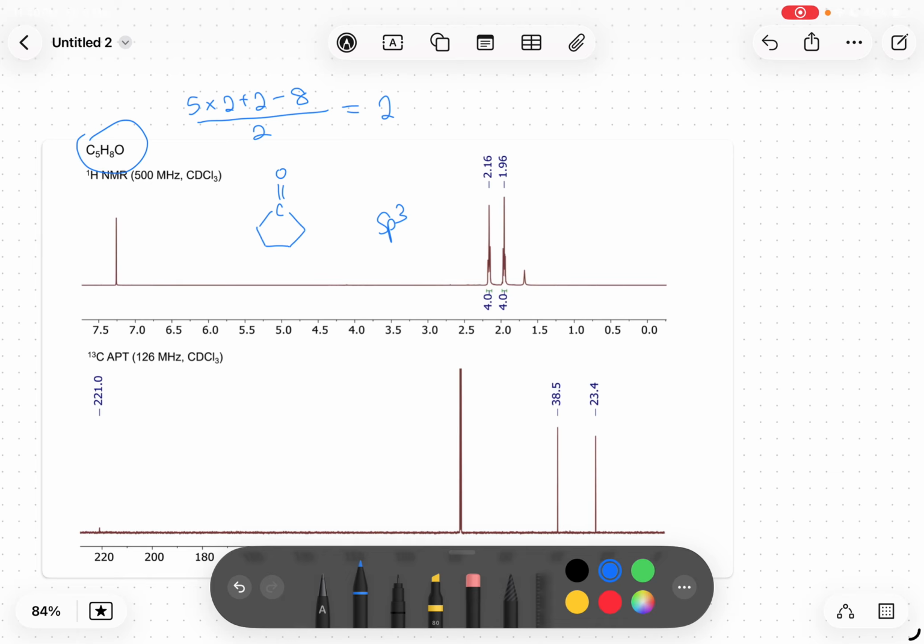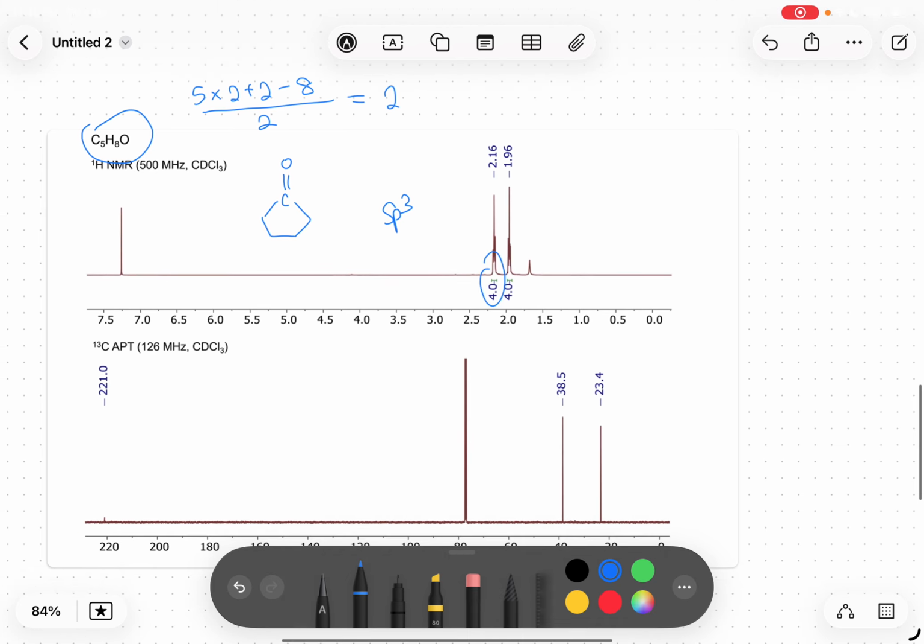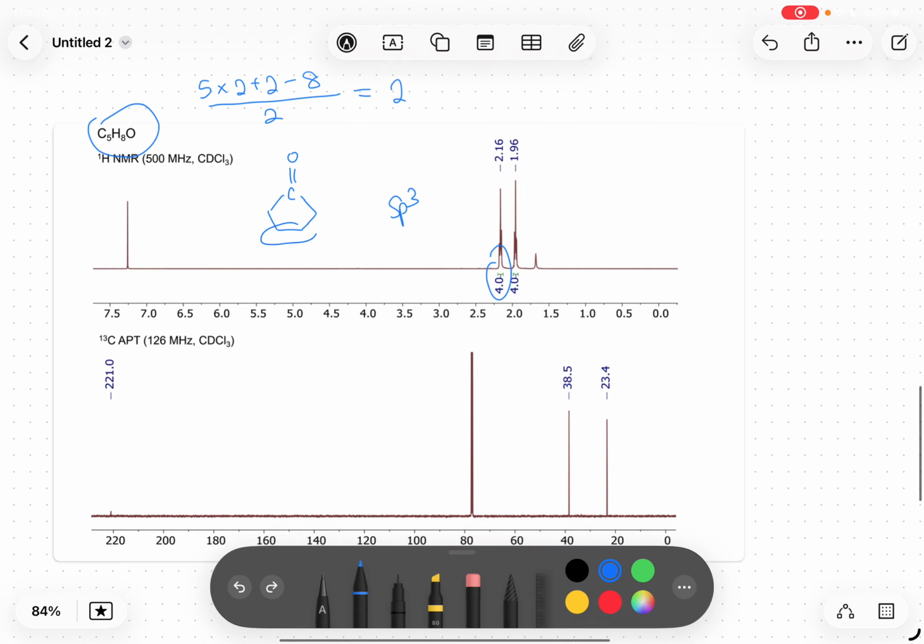So the 4 protons of a higher shift are probably these 4 protons and the other 4 are just down below. Obviously you can't have 4 hydrogens attached to a single carbon and still have the whole molecule. So that's our answer.